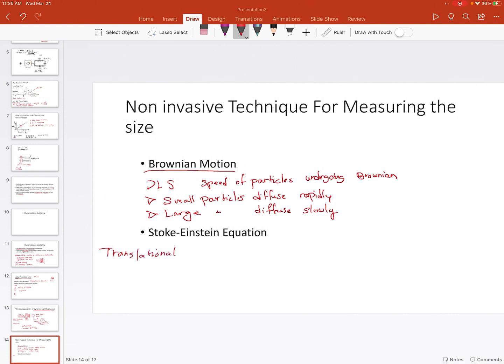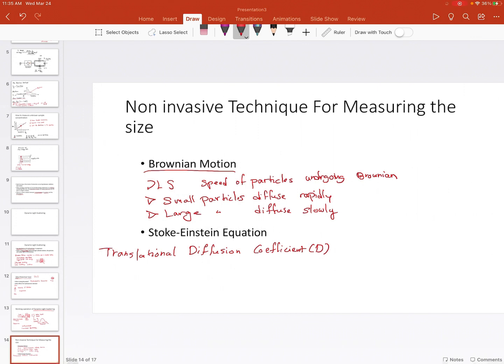I'm going to write here translational diffusion coefficient, which is called D. The equation that we have is called the Stokes-Einstein equation.